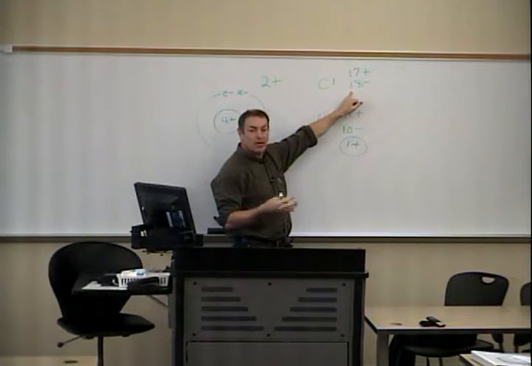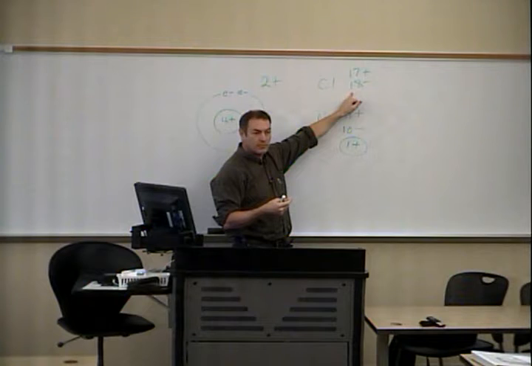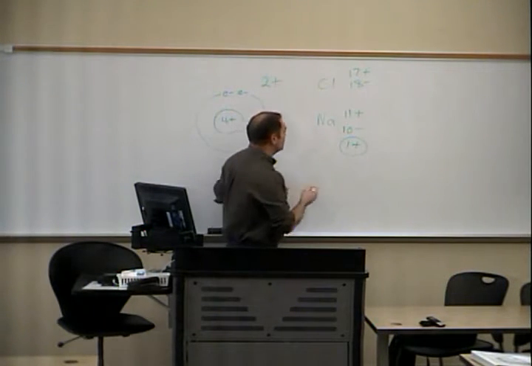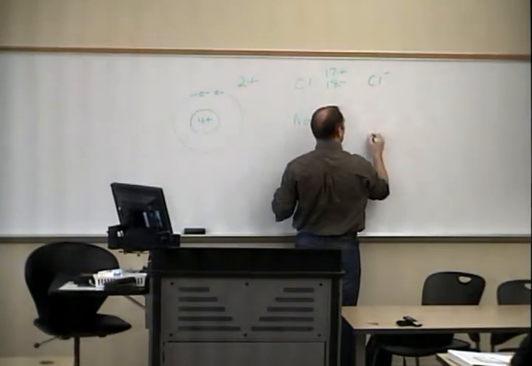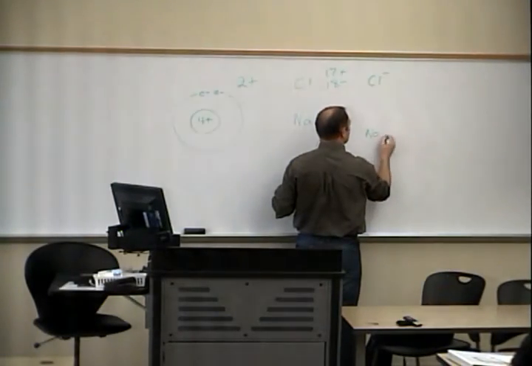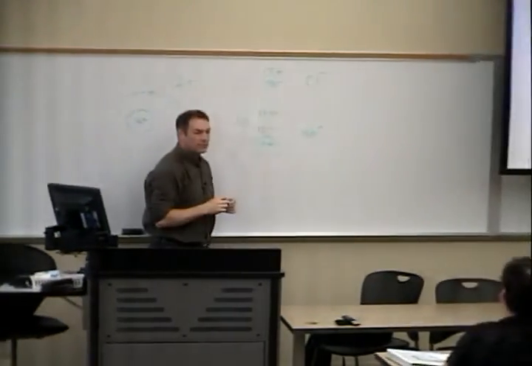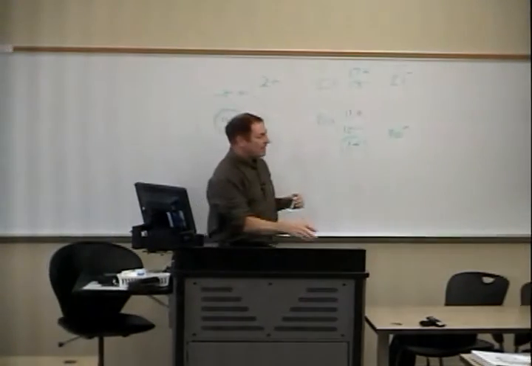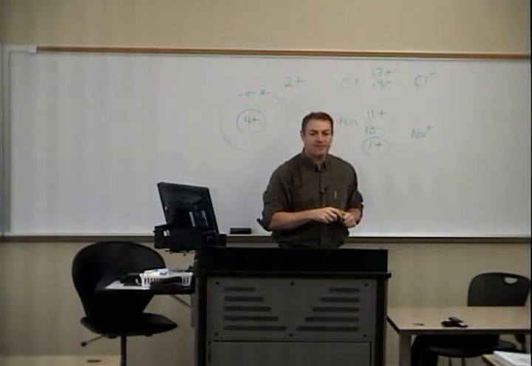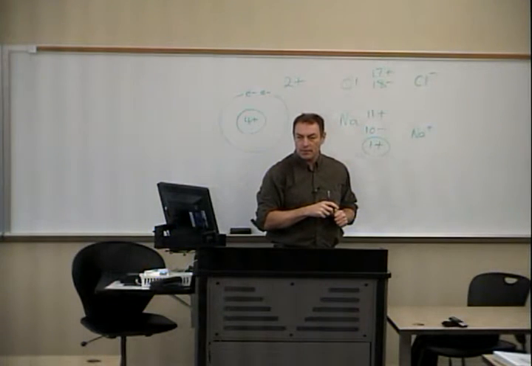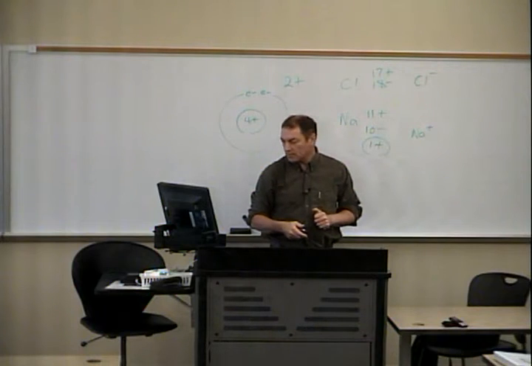So we've just transformed that atom into a chloride ion. We've transformed the sodium into a sodium ion. Now, when chlorine receives that electron, its outer shell is full with 8. So sodium transfers its outer electron to chlorine.